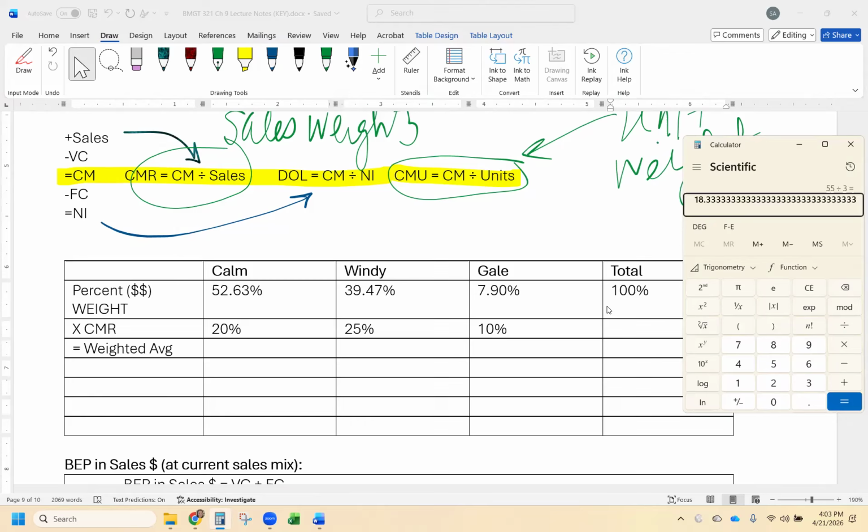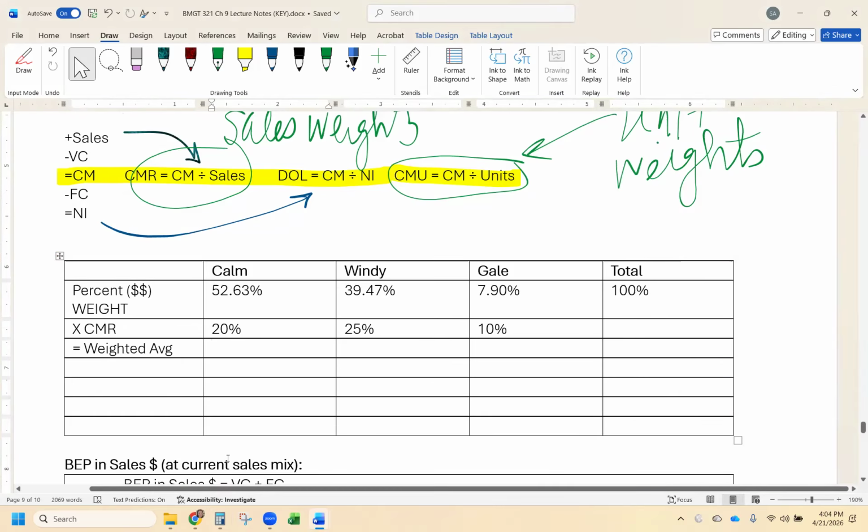So if I don't weight it, I get an average CMR of 18. Not the worst, but it's better to weight it because calm is way more important than gale. So we want to include more of calm than we do of gale because it's more important for sales. So we don't want to weight them evenly.